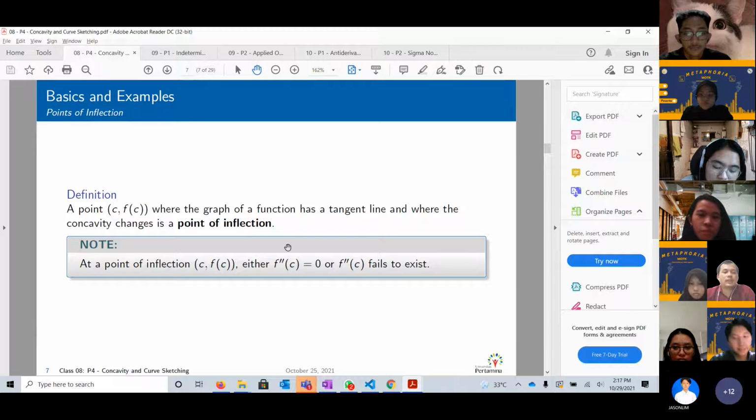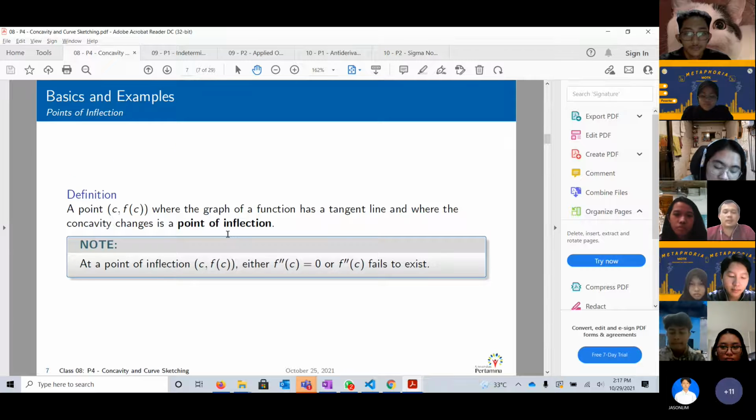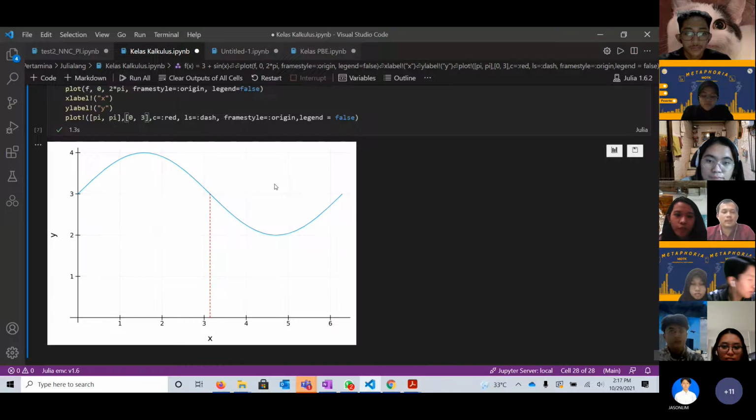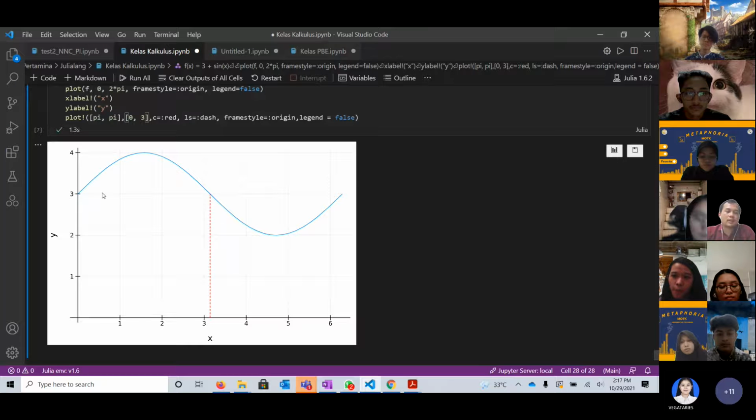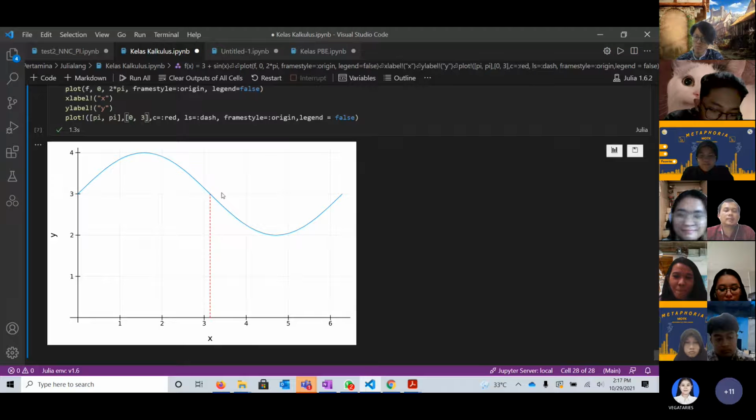Jadi di titik baliknya, ya, pergantian seperti contoh yang ini, like this example. At this point, pi, 3, this pi, 3 is the point of inflection. Why? Because the concavity changed from concave down to concave up. Di sini adalah titik balik dari kecekungannya ya, pi, 3 ini.